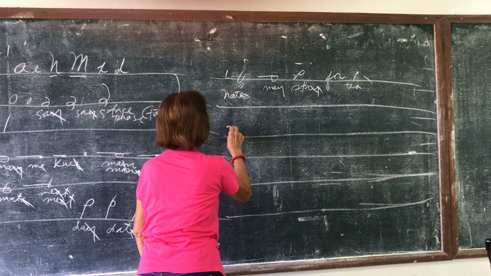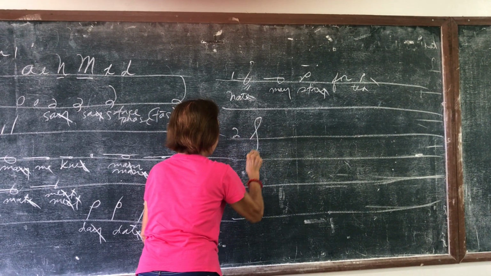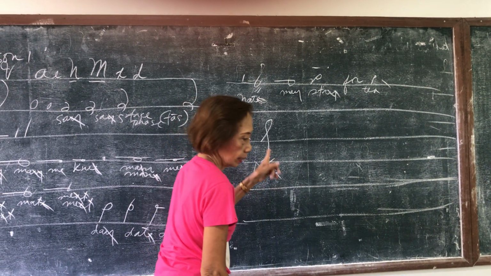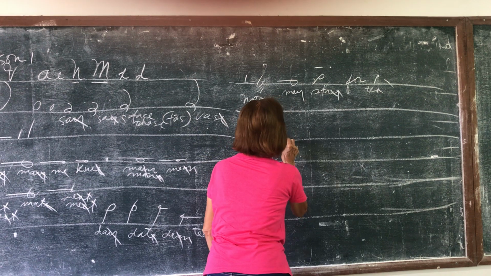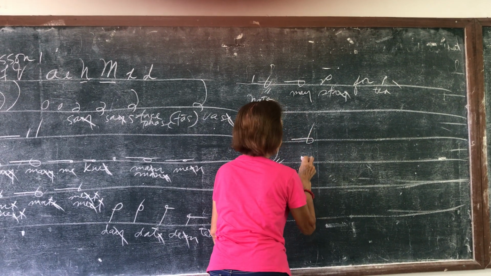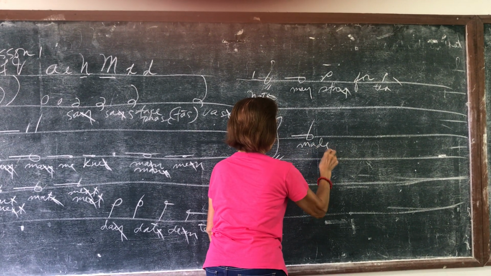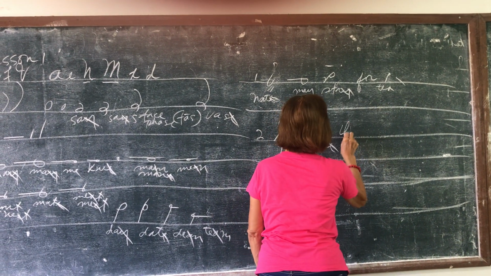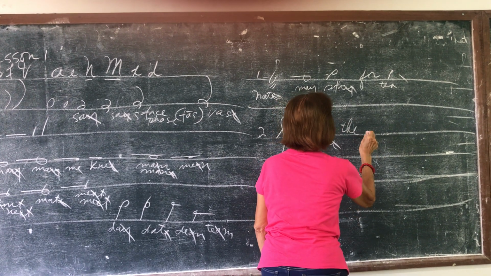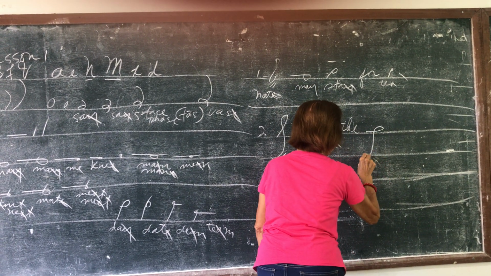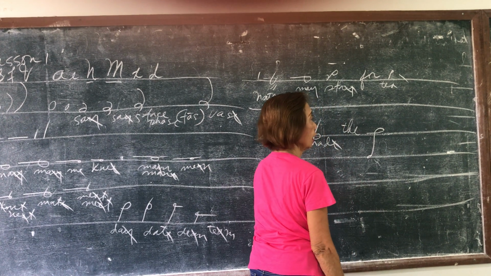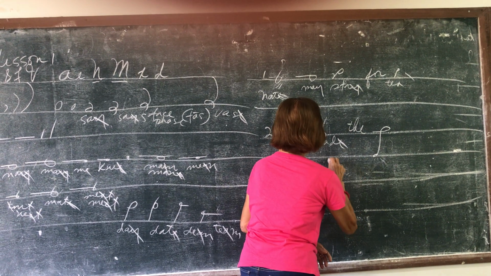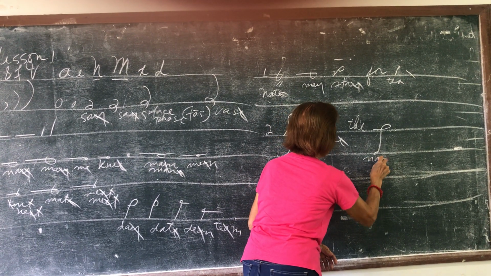For example, number 2, D-A-V, that's Dave. M-E-D, what's that? Maid. That's number 9, mixed with longhand. N-A-V-E. What's the sound? That's navy. They made the navy. Why?